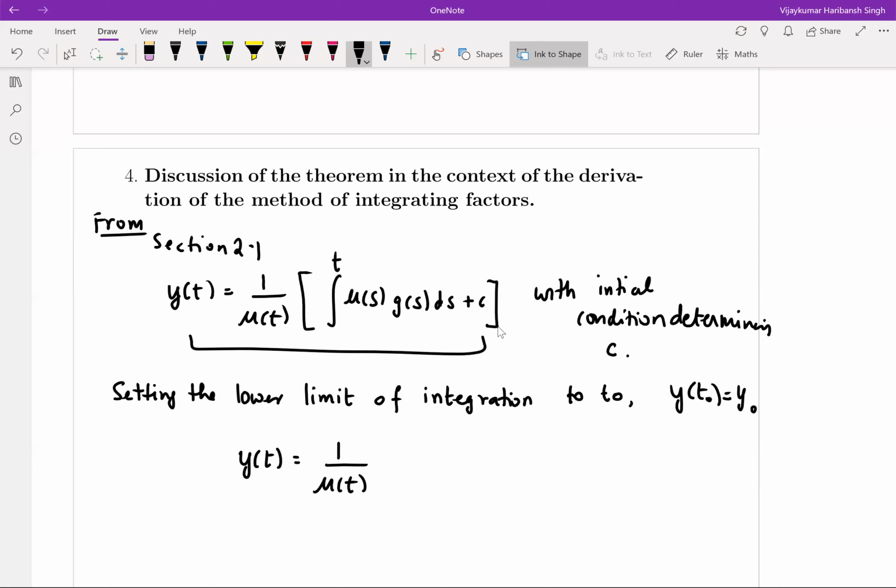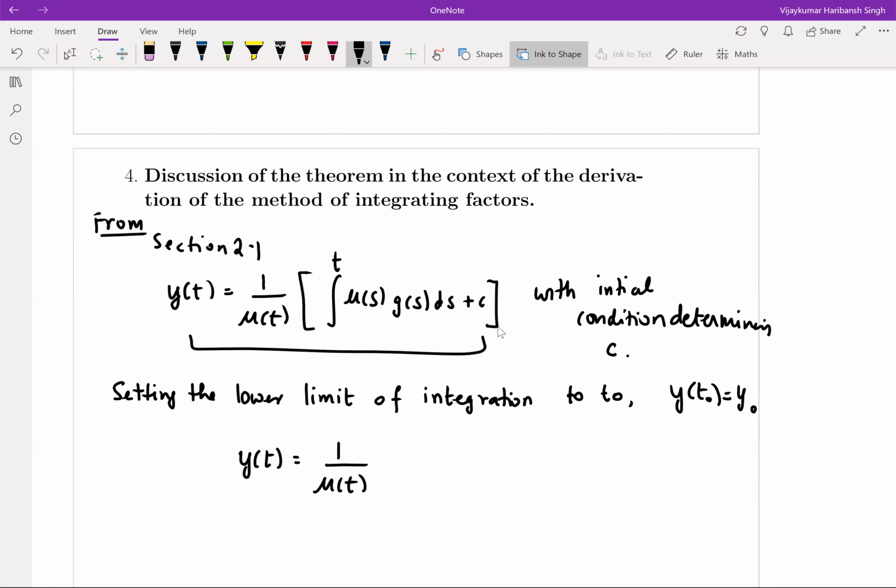So if you look at this theorem, it tells you that both existence and uniqueness are guaranteed just by p of t and g of t being continuous. Okay, so let's see why this is the case.